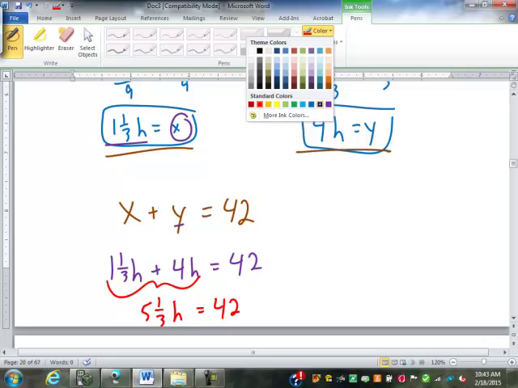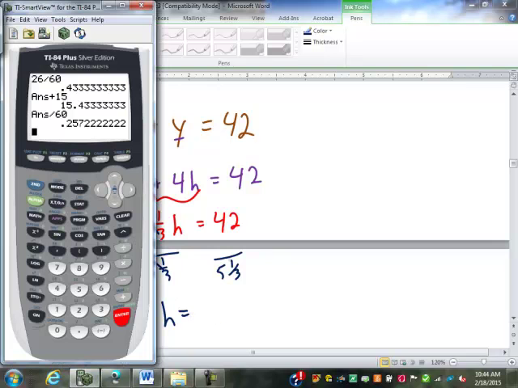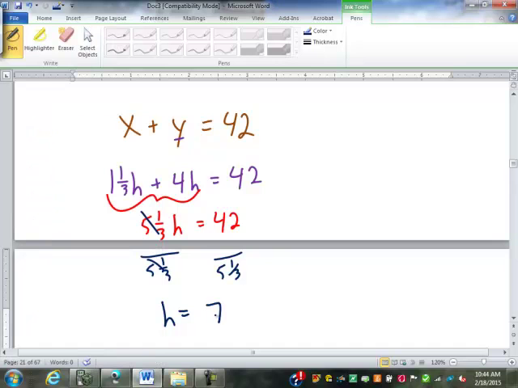And now divide by 5 1/3. So 42 divided by 5 1/3 is 7.875, or 7 7/8.